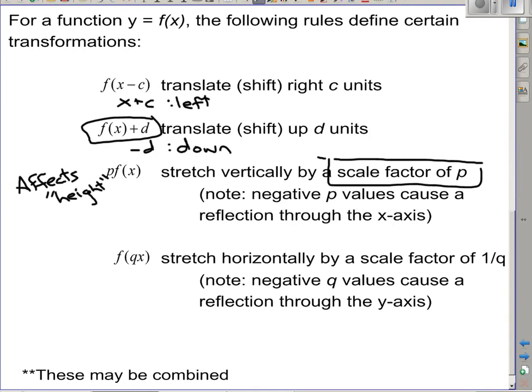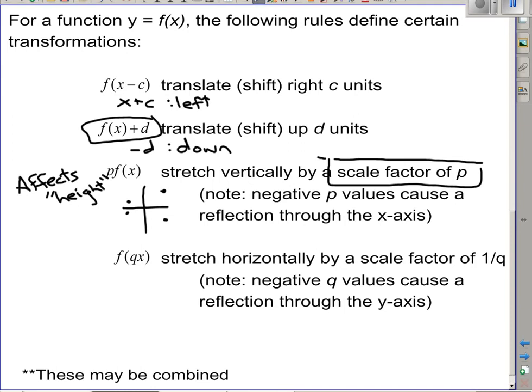But for a given point, it's going to stretch it vertically. You should note that negative p-values cause a reflection through the x-axis. So anything that used to be above the x-axis will now be below, or if it were below, now it'll be above. That's what a negative in front of the whole function does.